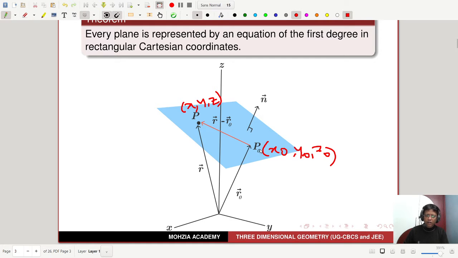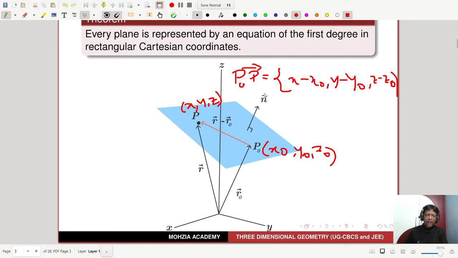Then the vector P naught P is {x minus x naught, y minus y naught, z minus z naught}. I will write the vector components inside the curly brackets. This is your vector P naught P.